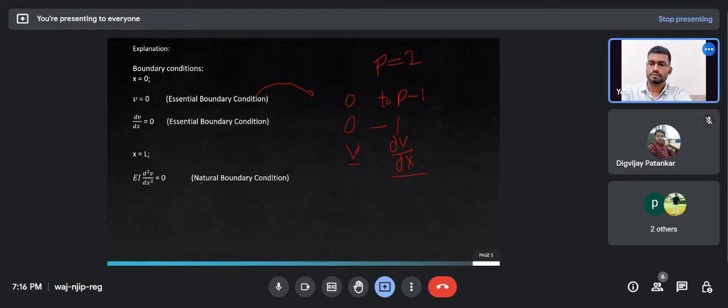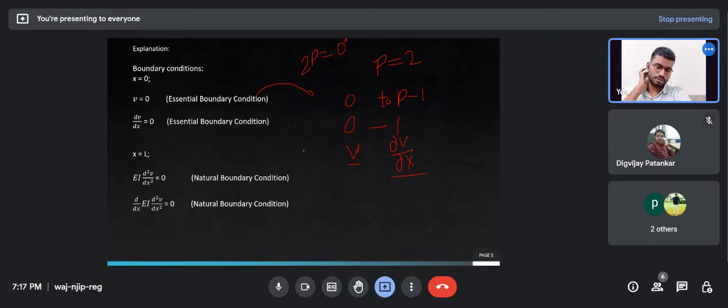Similarly, we can find the natural boundary conditions. Once we know the order of the governing differential equation, we equate 2p to the order and find p, and then we have the conditions to find the essential and natural boundary conditions.